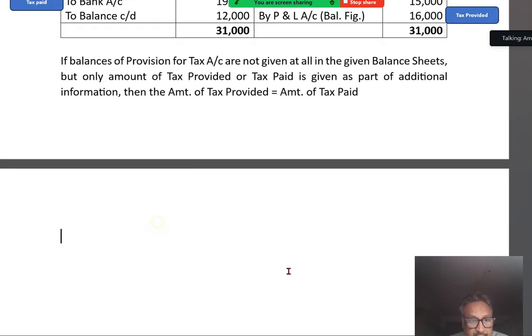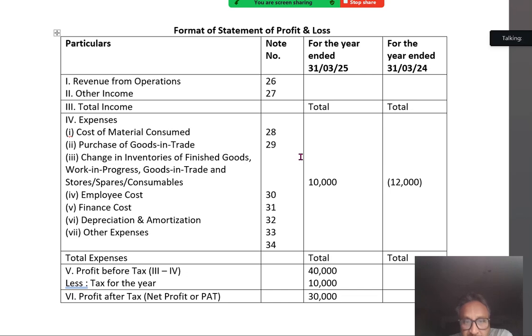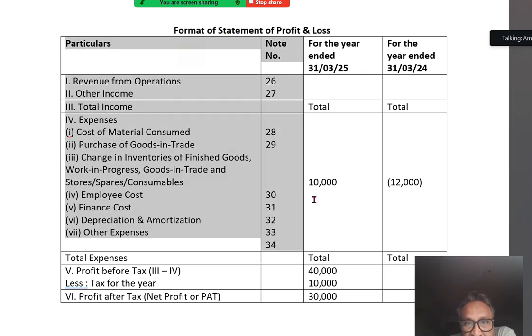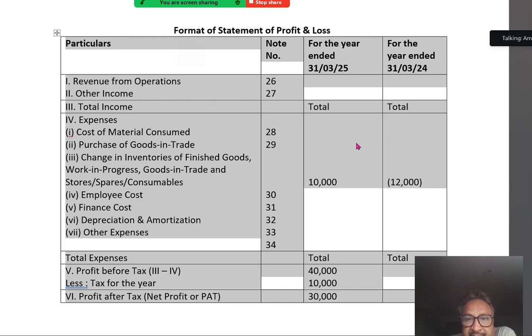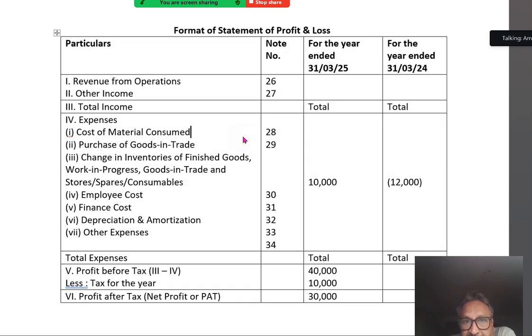Okay, now guys, you know that for companies, statement of P&L account is also prepared in vertical format like this. This is the format of statement of P&L. This we have seen in the chapter financial statements of companies, right?